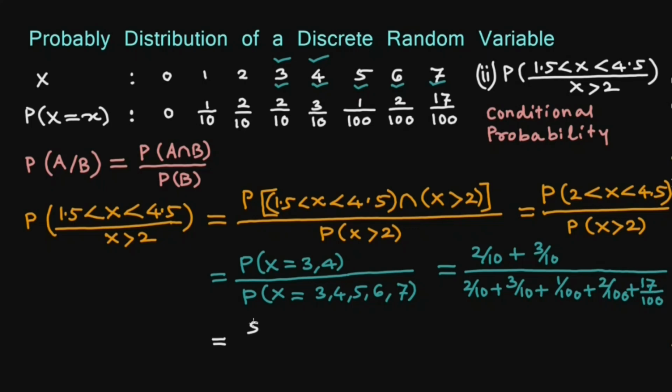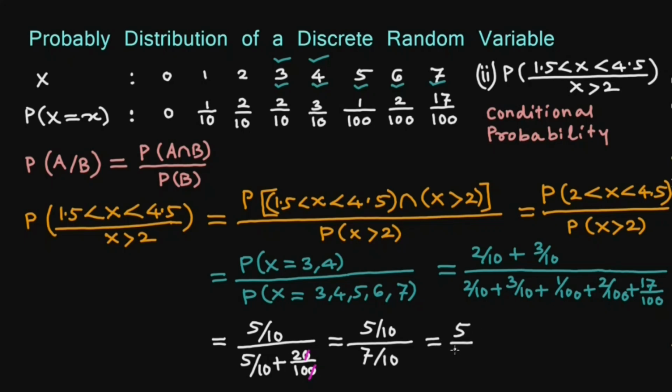This will be 5 upon 10 upon 5 upon 10, 20 upon 100, equals 5 upon 10 upon, after cancelling this 0, 7 upon 10, which finally will be 5 upon 7.